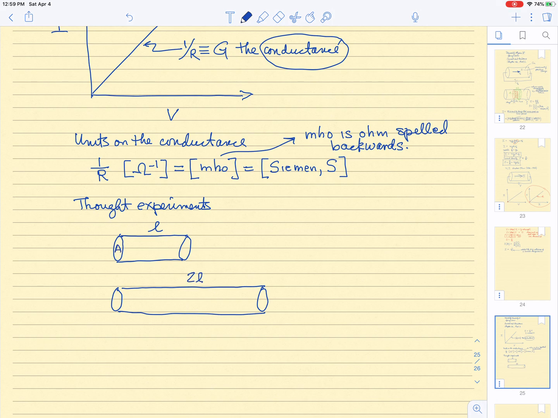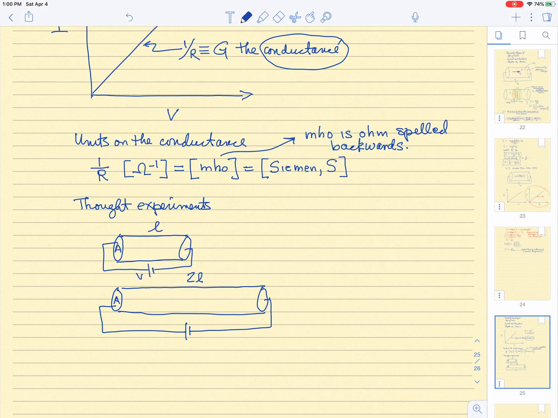Same cross-sectional area, A, and they're both hooked up to the same battery voltage, V. So everything's the same in this scenario, other than the length of the conductor.